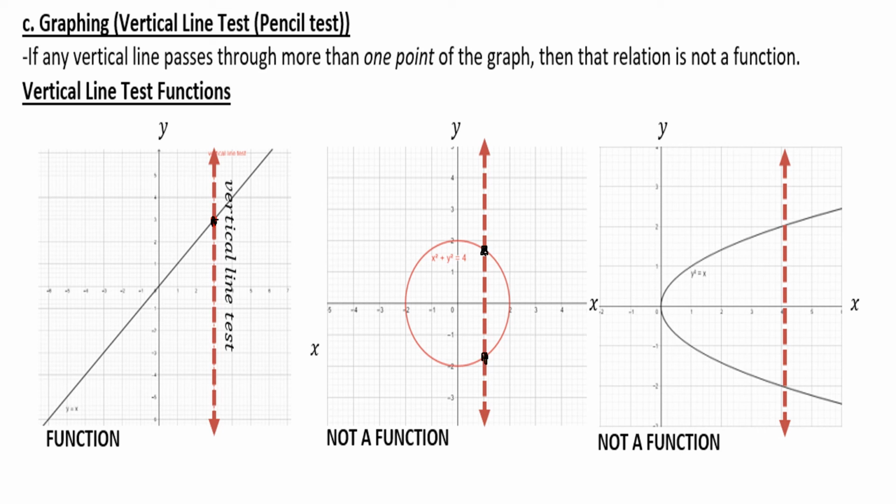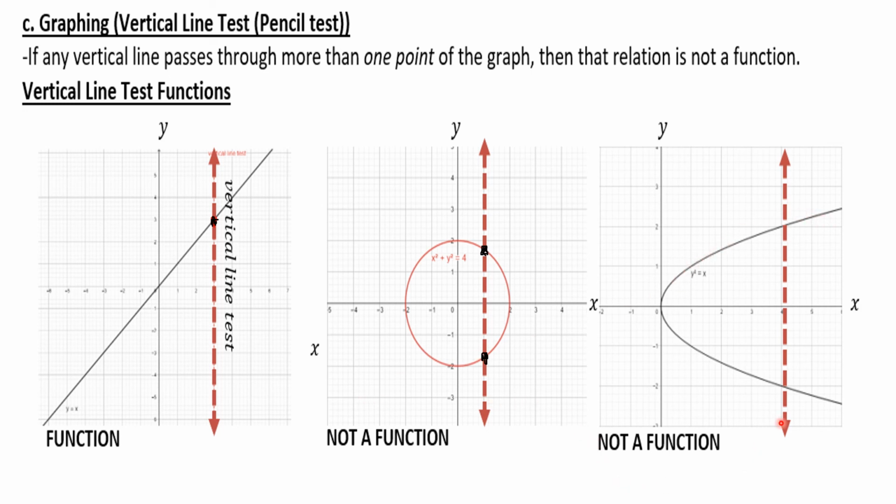So it passes twice through the graph. Therefore, this is not a function, because for a function using the vertical line test, it must pass through the graph once, not twice.